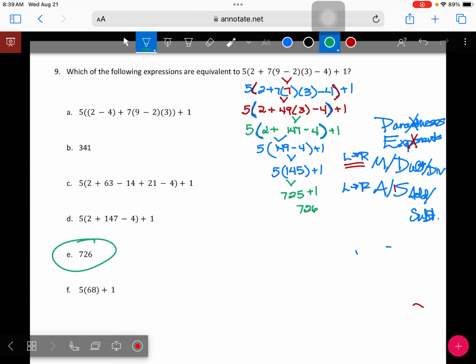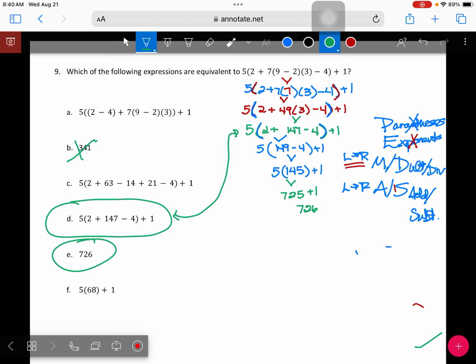No, not necessarily. Which one? D. How do you know D? Well, it's the same one as we had right here, right? So yeah, that should be equivalent. What about 341? Nah, we know that one's not because we already have a single answer. What about F?